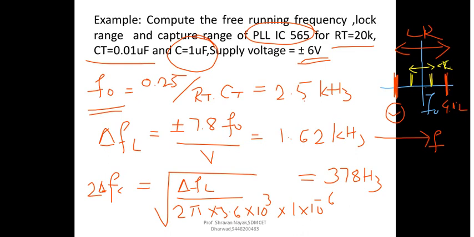So this is one simple example by means of which you can understand what the center frequency is, what the lock range is, and what the capture range is. You also understand that your lock range is much larger than the capture range as far as the PLL IC is concerned. So this is one simple explanation regarding the PLL. What are the basic PLLs? Where do they serve their applications? How do you realize the PLL?